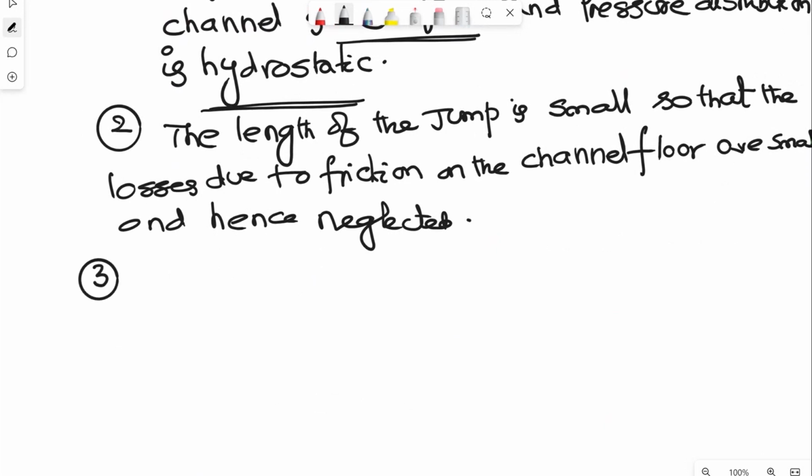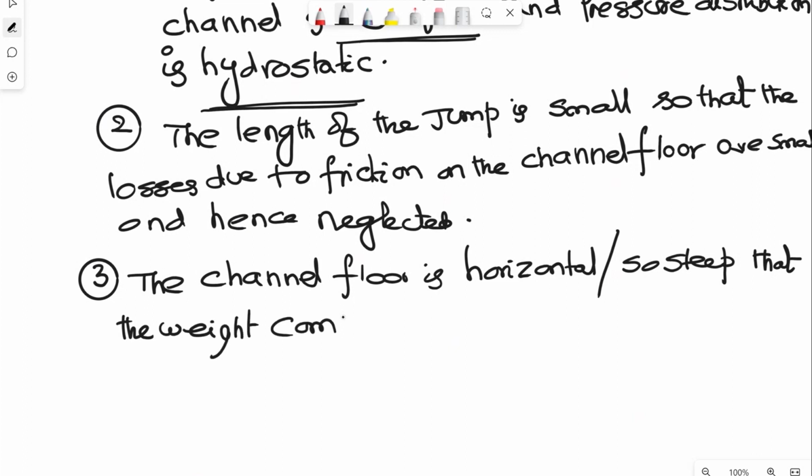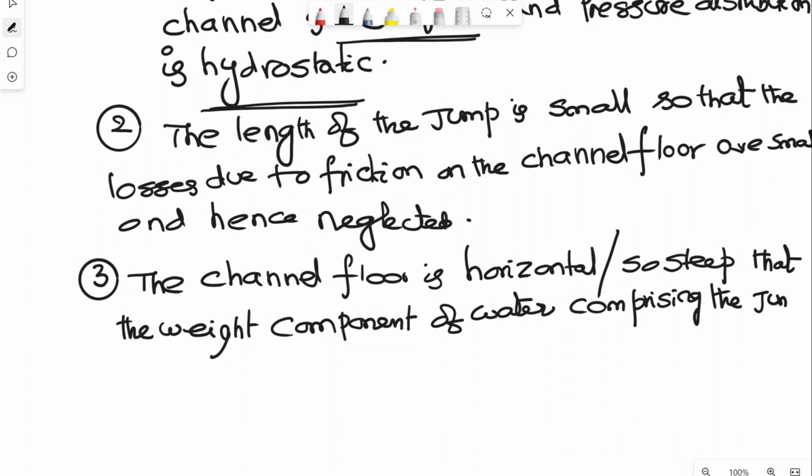Number three: the channel floor is horizontal or so steep that the weight component of water comprising the jump is negligibly small.